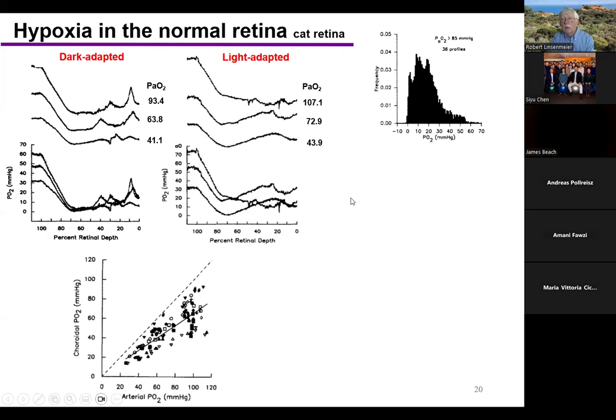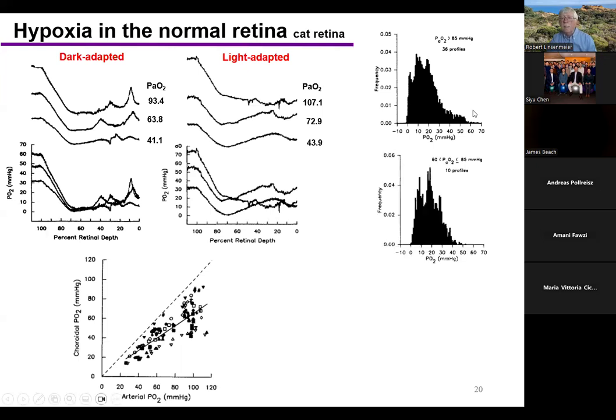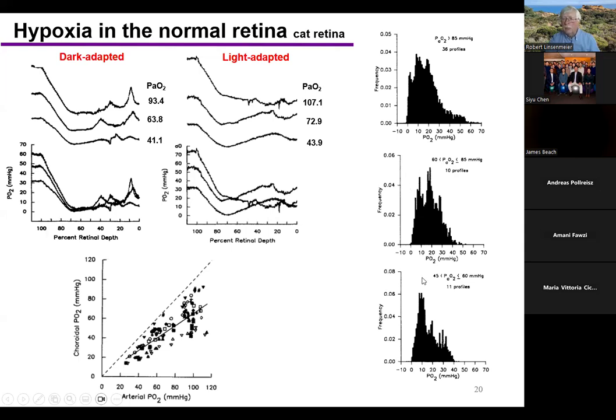So here's that histogram that I showed you before, which is under normal, normoxic conditions, where the arterial PO2 is greater than 85 millimeters of mercury. For arterial PO2s between 60 and 85, it really doesn't look any different. It begins to look different when arterial PO2 goes below 60.